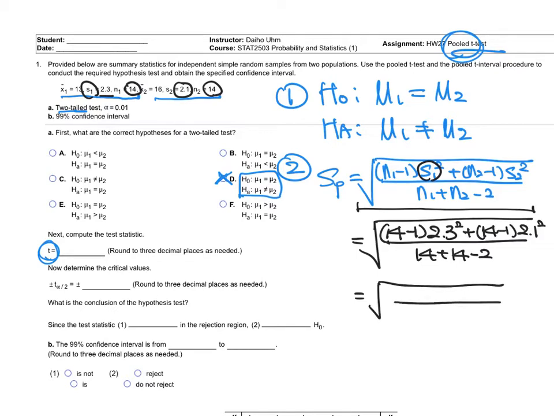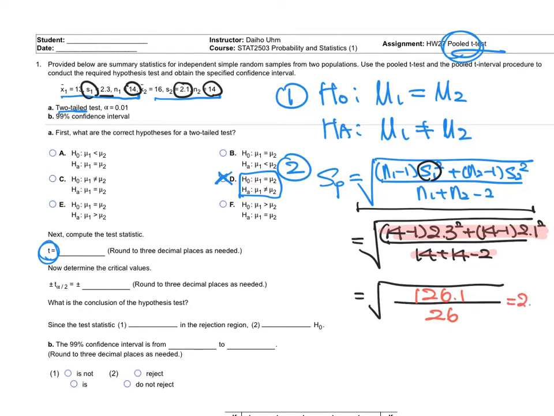So let me take the numerator. Yep, this one. Then we can take 26.1, and the denominator, please take separately, is 26. Then now we can take the square root of the ratio.